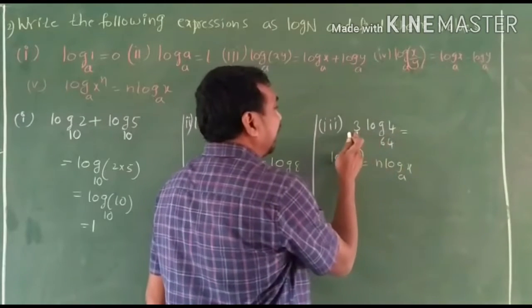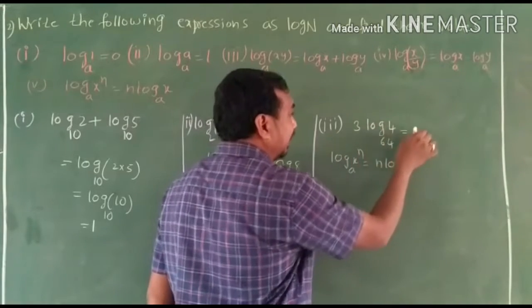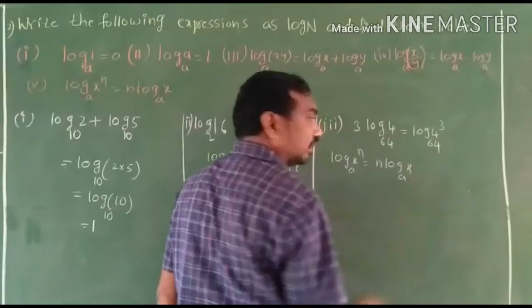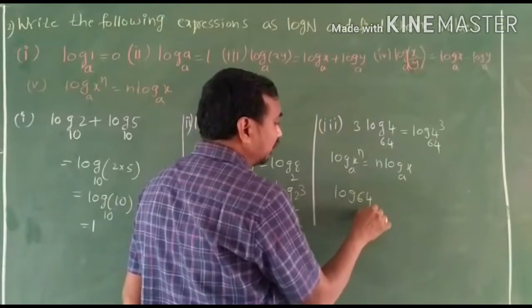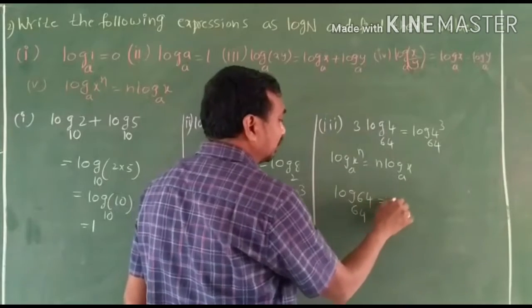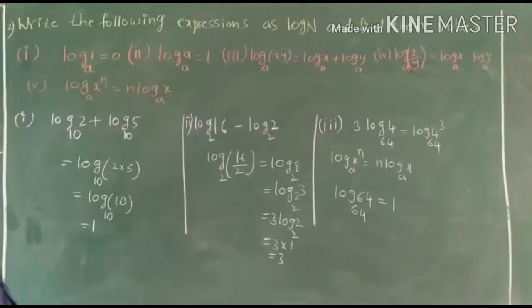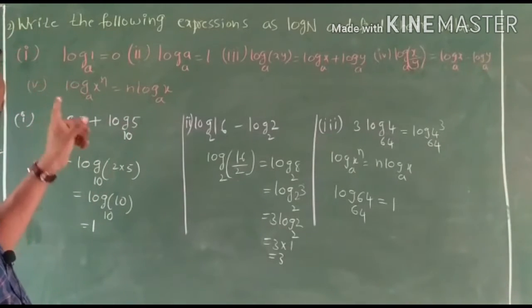That is n log x base a. We are writing this n log x base a as log x power n to the base a. So again that is log 4 cube base 64, which means log 64 to the base 64, which is equal to 1. Okay. Now these are the three problems which are in exercise 1.2.